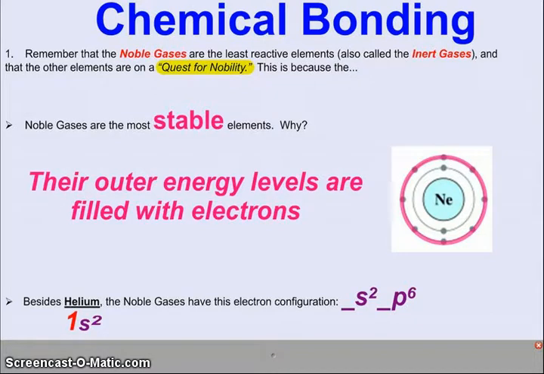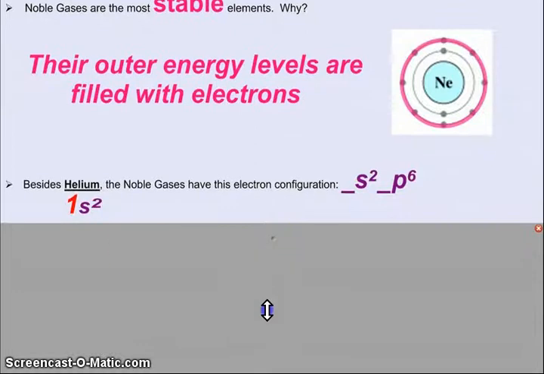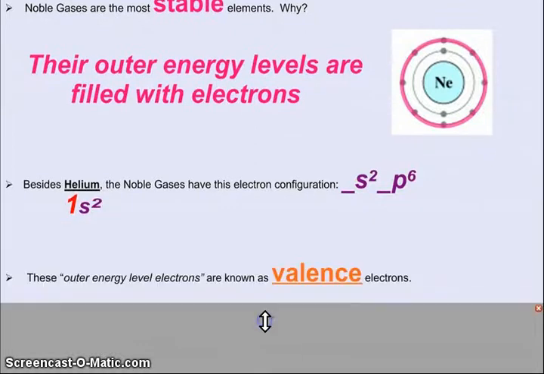Krypton would be next, and that would be 4s2, 4p6 for the ending of krypton's electron configuration, etc. Now, of course, these outer energy level electrons are known as valence electrons. We have talked about that several times before, so we'll be looking at these outer electrons being the most important ones involved in bonding, valence electrons.